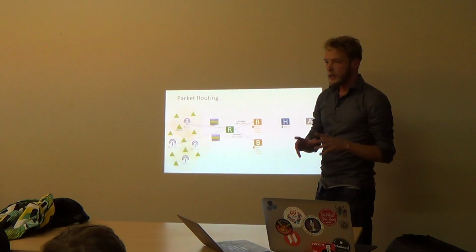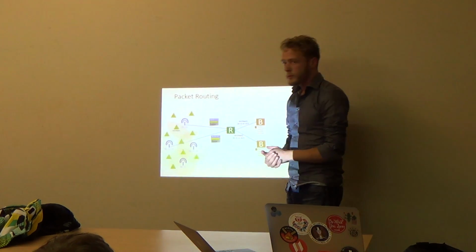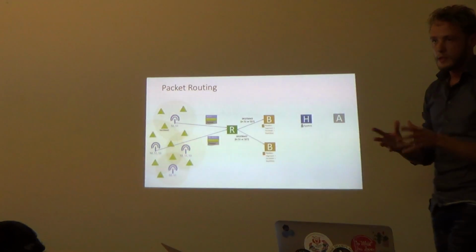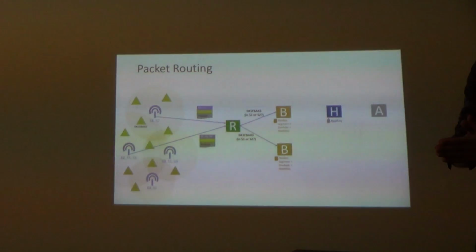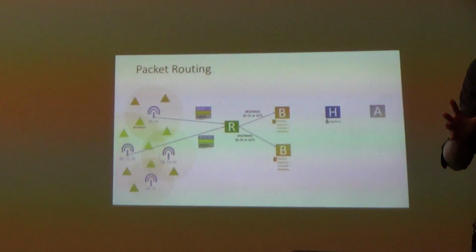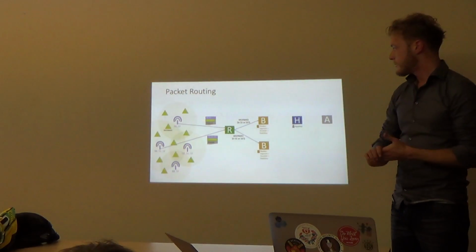It may very well be that we have a collision, that there are multiple nodes using the same device address. That's not really a problem with LoRa, unlike the internet, for example, where you would have a problem. But in LoRa, you can have multiple nodes using the same device address.